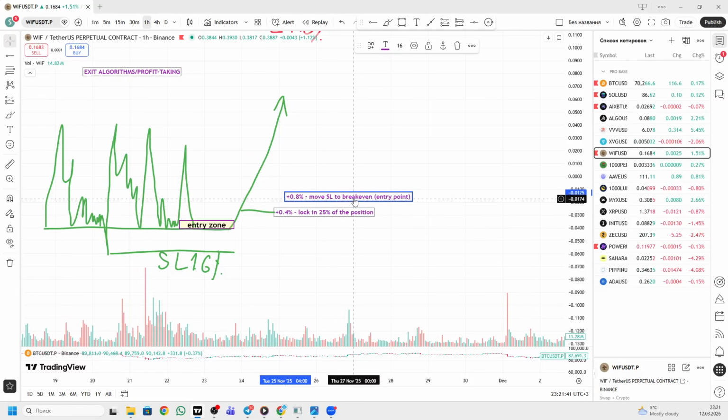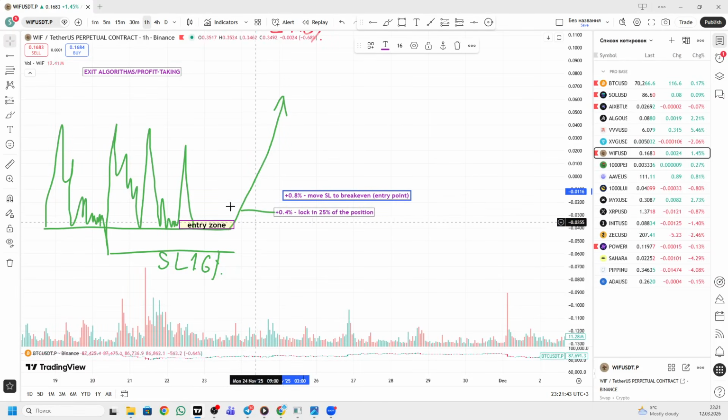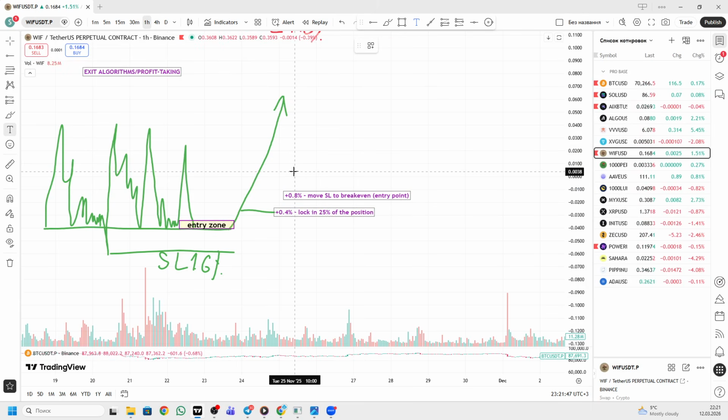Everything is going good, and your price reaches plus 1%. You already see plus 1% in the terminal. What you do, you lock in another 25%.